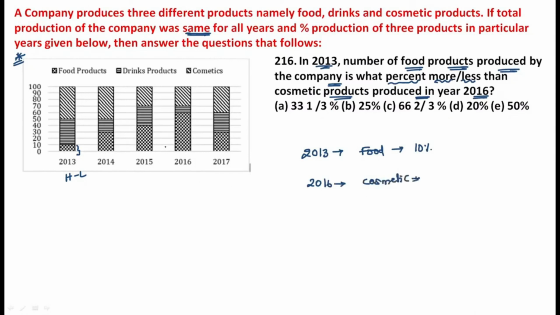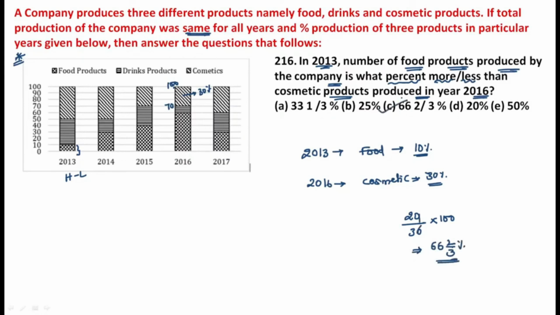The cosmetic value is 100 minus 70, which is exactly 30. Here the value of food compared to the cosmetic is definitely 20 percentage less. Remember, the comparison value, the last term in the question, is always the denominator. So 20 by 30 into 100, that is 2/3 of any value, exactly 66 2 by 3 percent.